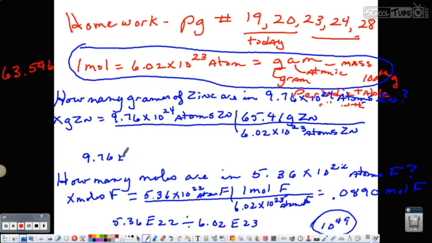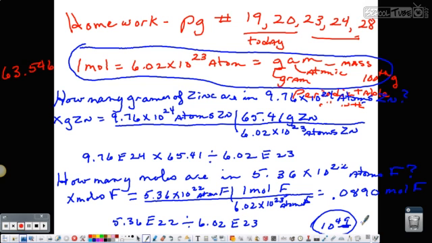Calculation. 9.76 E24 times 65.41 divided by 6.02 E23. Again, if your exponent's much bigger than 23, 24, 25, you have put it in your calculator wrong.